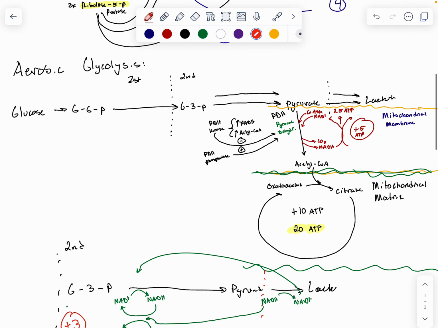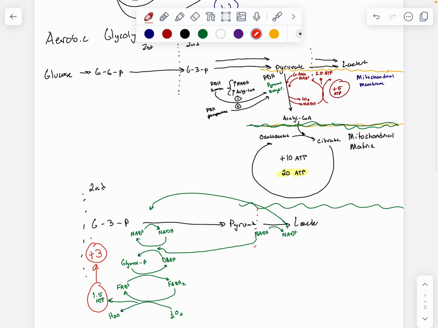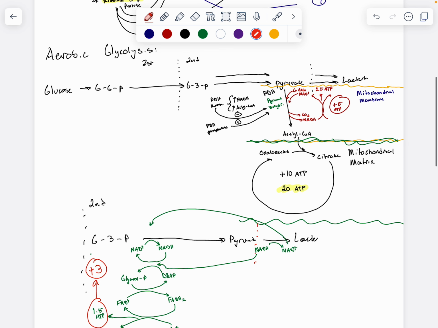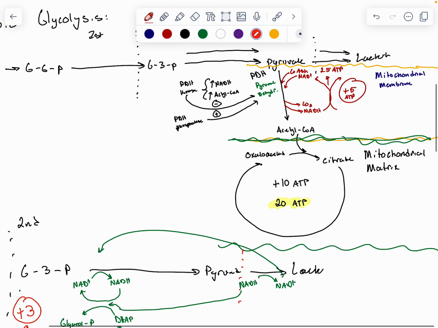And since my AirPods died, and I don't know if you guys can hear me, I'm just going to speed up this whole process for a second and just do a quick overview. So for aerobic glycolysis, glucose, G6P, flashes into the second stage, produces G3P. G3P is going to come to pyruvate. Pyruvate is going to be like, hey, there's oxygen involved, we need to do some redox reactions, so we are going to go through the PDH system, or the pyruvate dehydrogenase system.